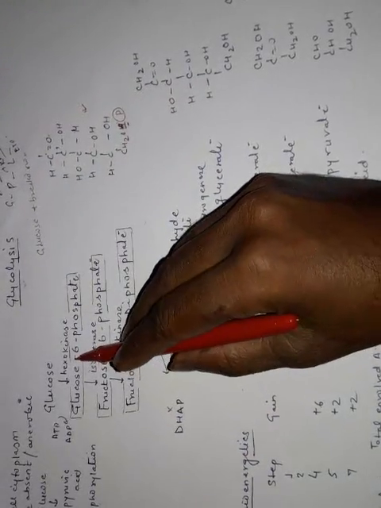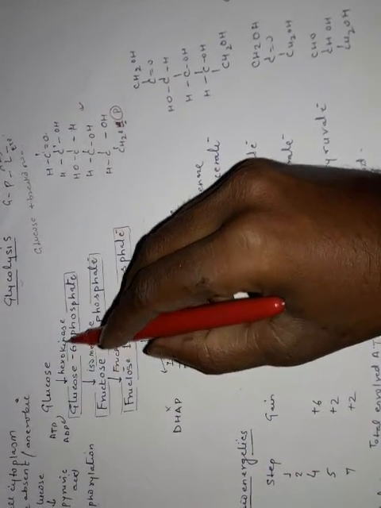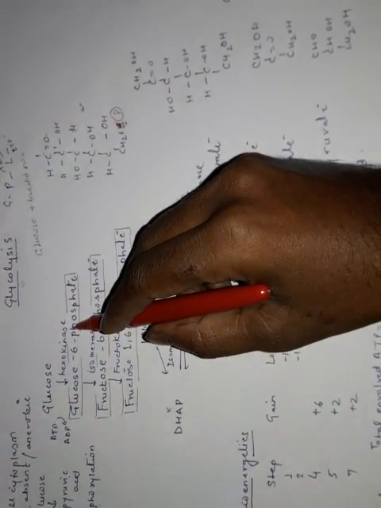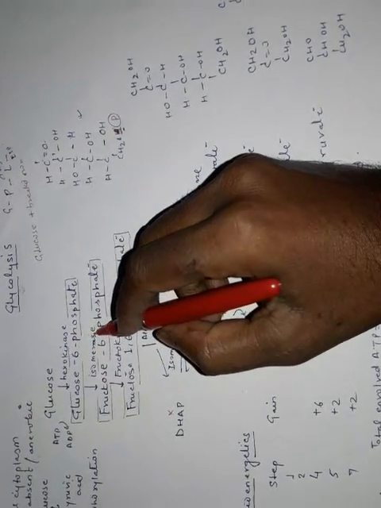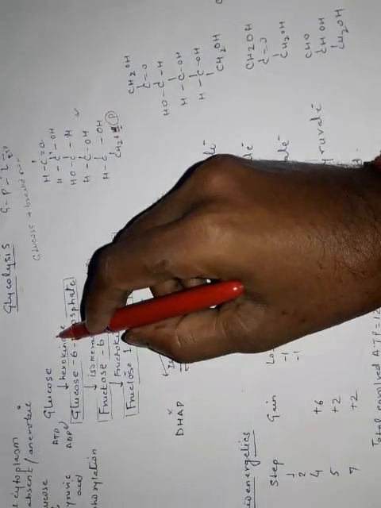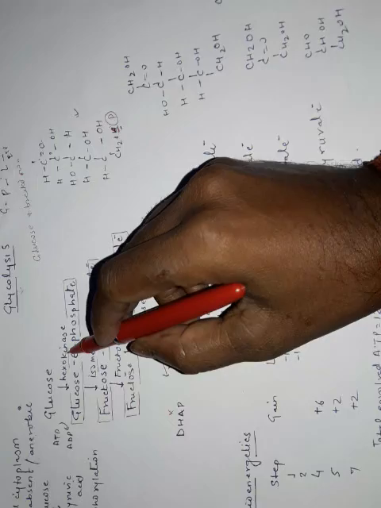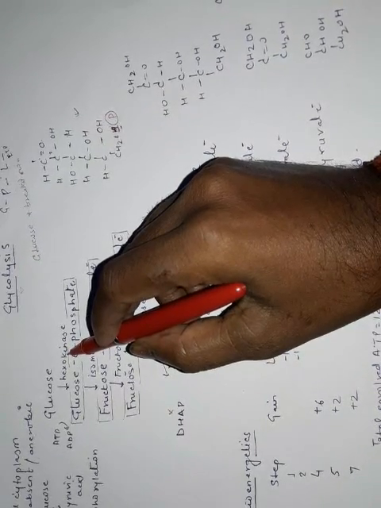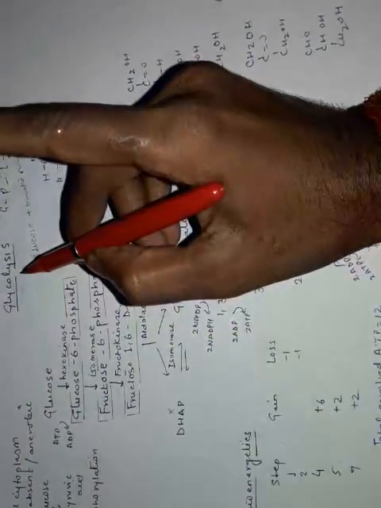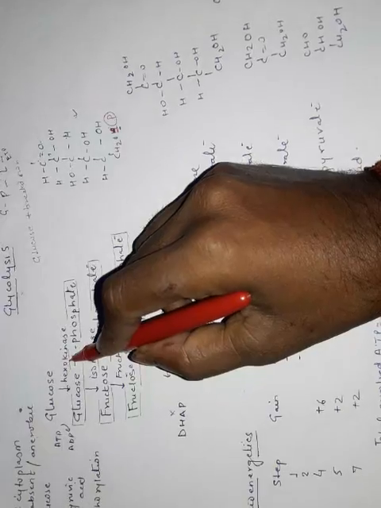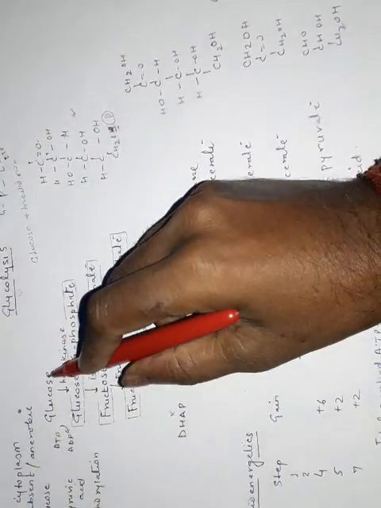When a phosphate group is attached to any molecule, the enzyme name ends with kinase. Here it is hexokinase, because hexo means the glucose sugar is 6 carbon.